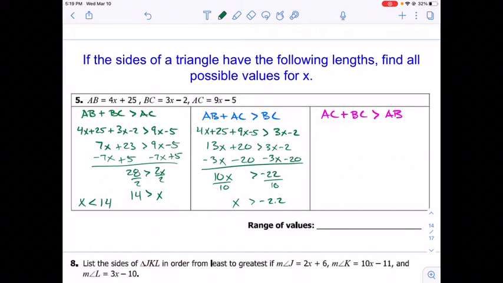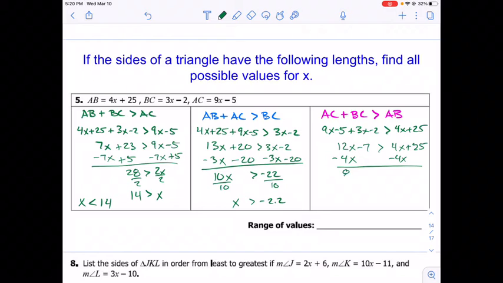And then we come to our last one here. AC is 9x minus 5. BC is 3x minus 2. And we're trying to find the value of x with the last part AB, 4x plus 25. So begin by combining like terms. That gives us 9 and 3 is 12x. Negative 5, negative 2 is negative 7. 4x plus 25. So we're going to subtract 4x.